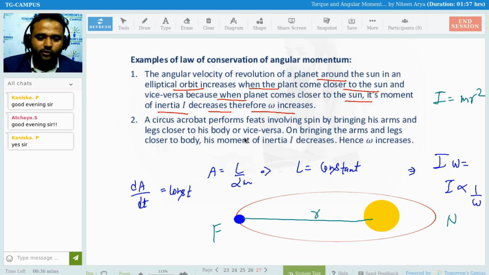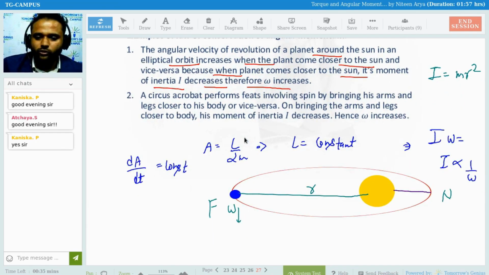Here the moment of inertia is going to be high. Why so? Because the distance from the focus, the distance from the sun, is high. So omega, or angular velocity, here is going to be very less. Here the R, the distance, is going to be less. So here the angular velocity is going to be very, very high. Got it? Because of this relation.